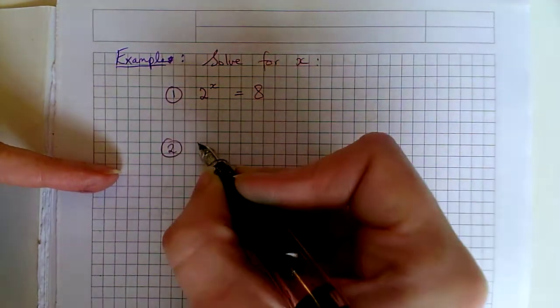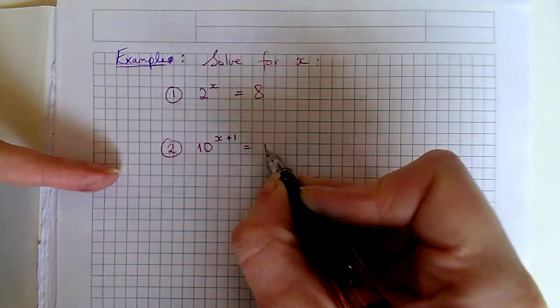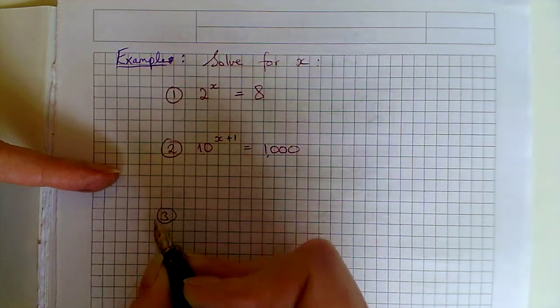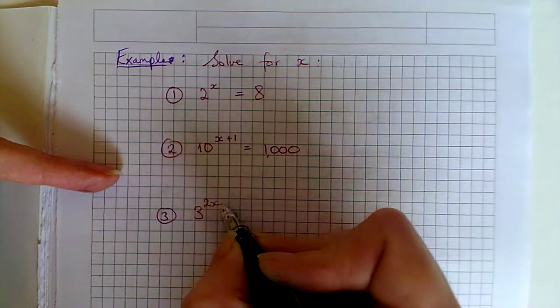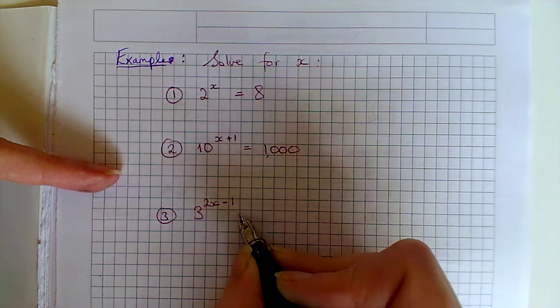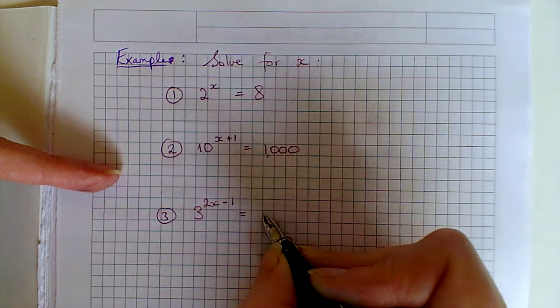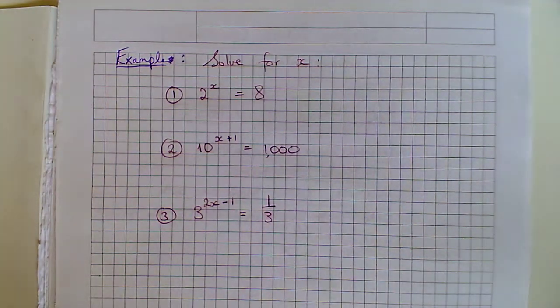Second, if I have 10 to the power of x plus 1 equals 1000. And the third one we're going to do, if I have 3 to the power of 2x minus 1 equals 1/3. Okay, so I definitely only have 2 terms in these equations, but they're not all to the same base.